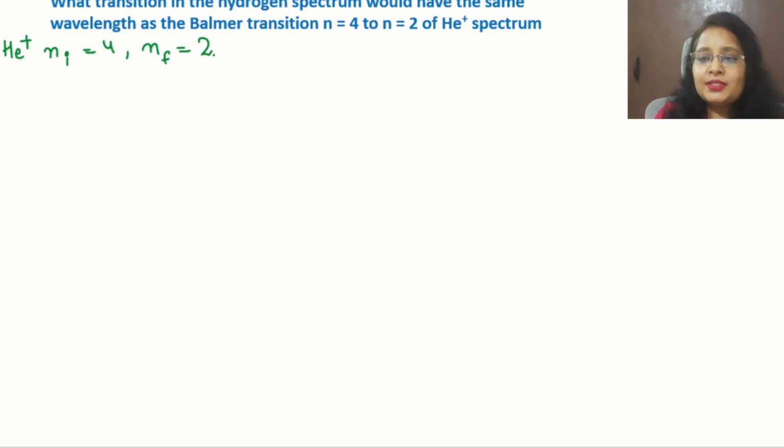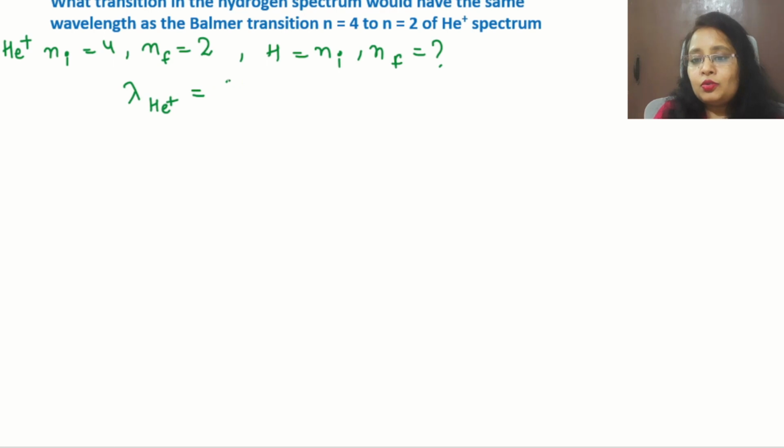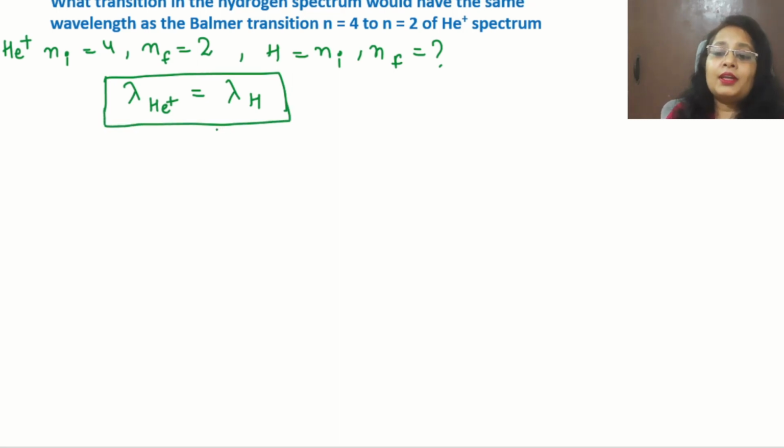So this value is given, and they are asking for the hydrogen atom, what will be the n initial and n final, if the wavelength of the helium ion is equal to the wavelength of the hydrogen. Now this is the brief of what the question is asking for. We need to find the values of n initial and n final for the hydrogen spectrum.